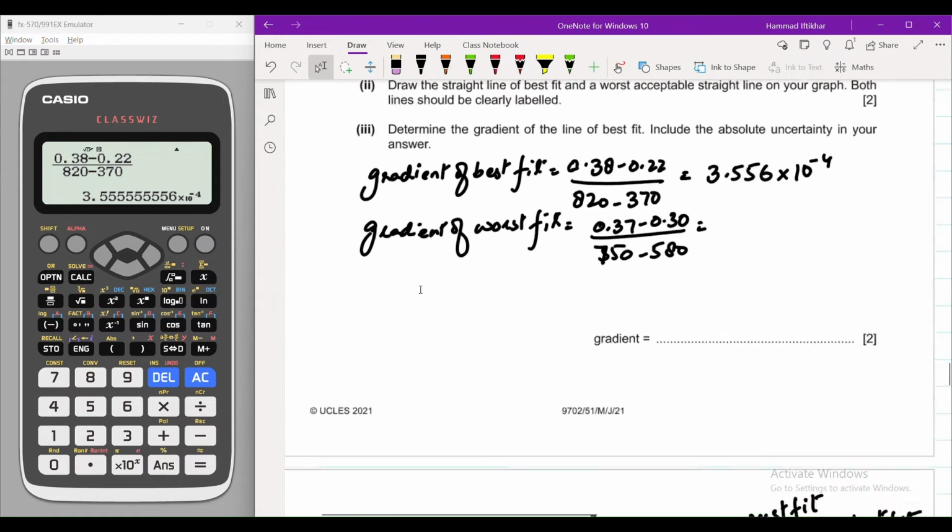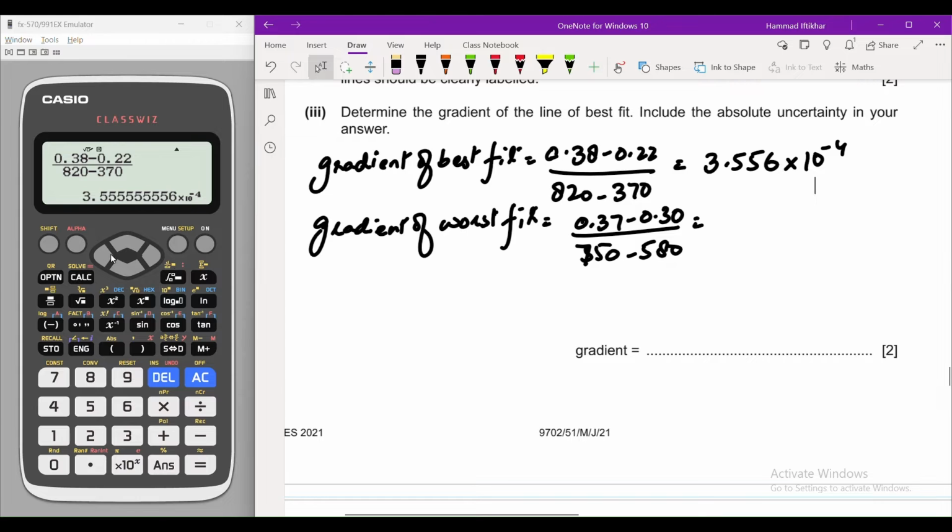Okay, all right. And then we have 0.37 minus 0.30 divided by 750 minus 580. This is going to be 4.118 times 10 raised to the power minus 4.